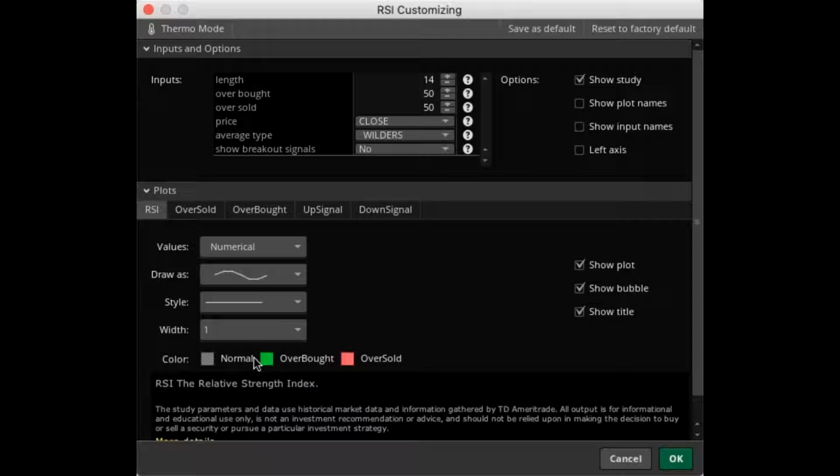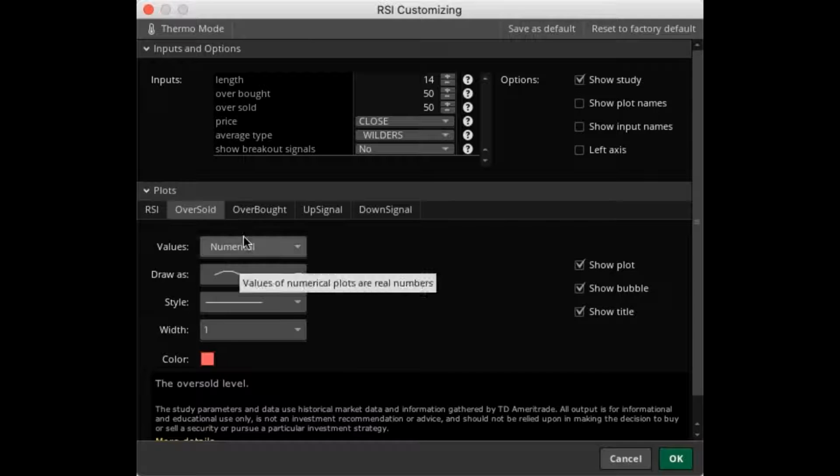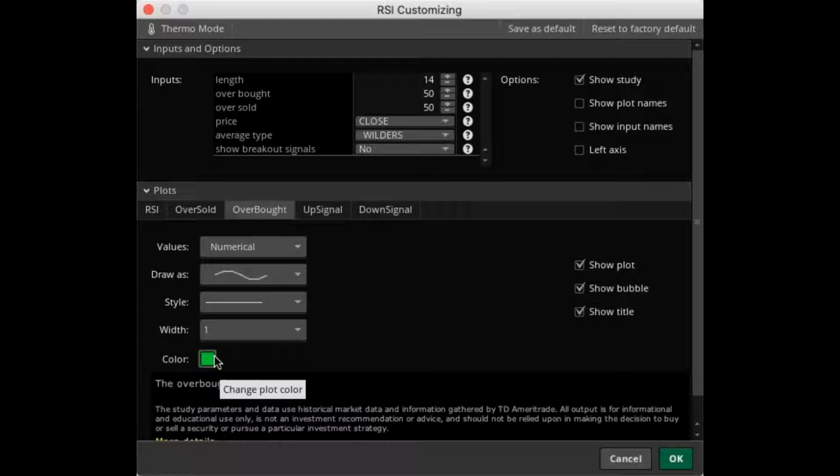On the home page of the RSI, then you're going to go to oversold. You're going to change that to red. You're going to go to overbought. You're going to change that to green. And you're going to push OK.